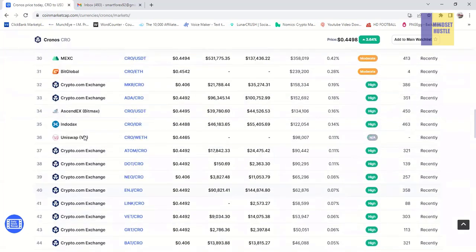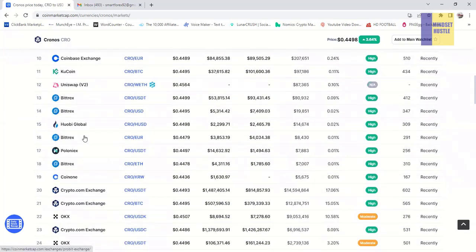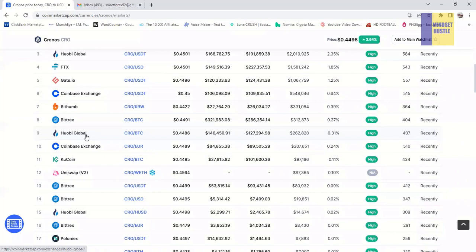So you can buy from Gate.io, Kuchain, or Huobi Global. I use Kuchain, Gate.io, and Huobi Global also. But as a beginner, you can register with Huobi Global. I'll leave a link in the description of this video. You can buy from them and then transfer it to your wallet, or you can choose to hold it on the exchange. That is all up to you.